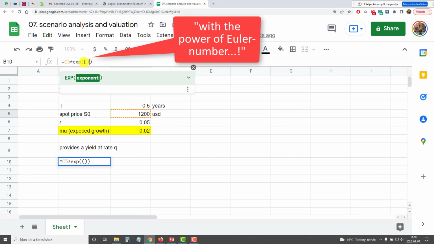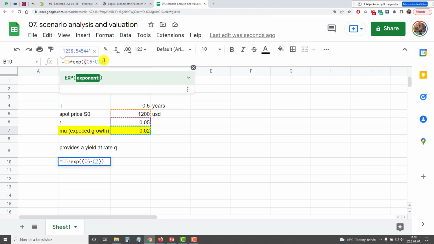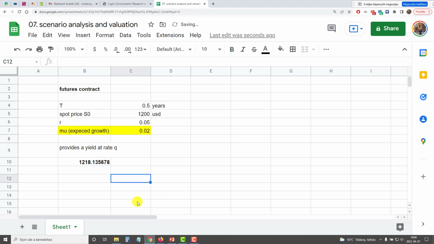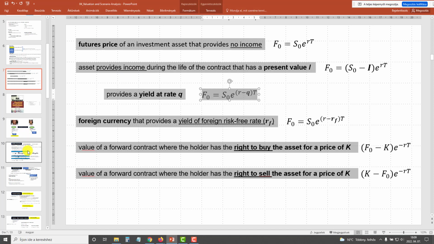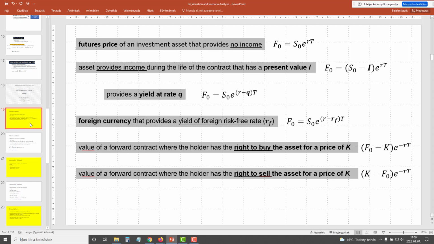Inside the exp function we know that we have to take the difference between this R and this growth rate, and multiply it with the time T. After that it will be nice. Let's bold it.